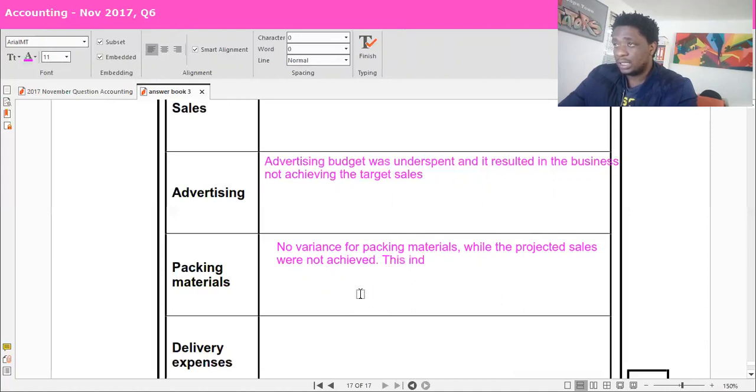This indicates that there was a waste of the packing materials.